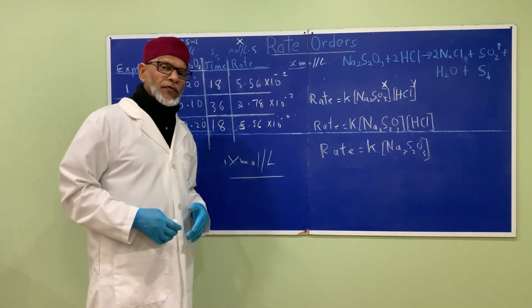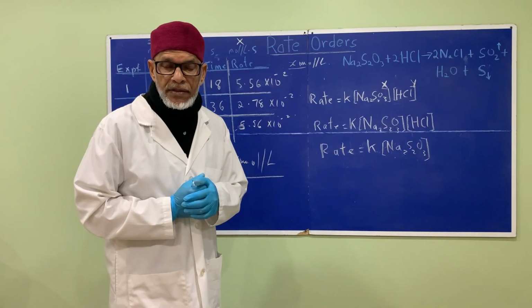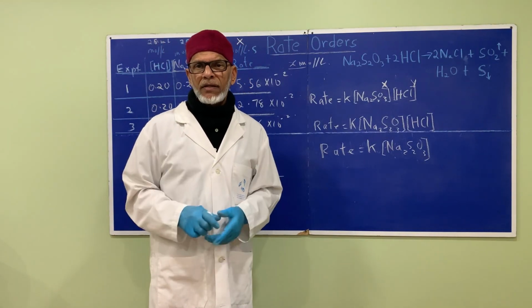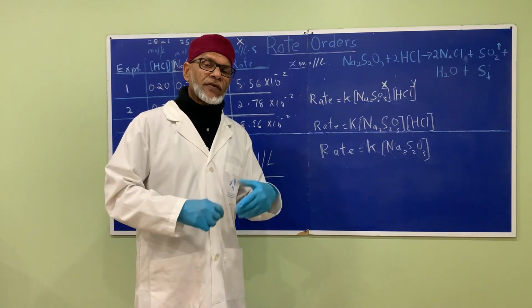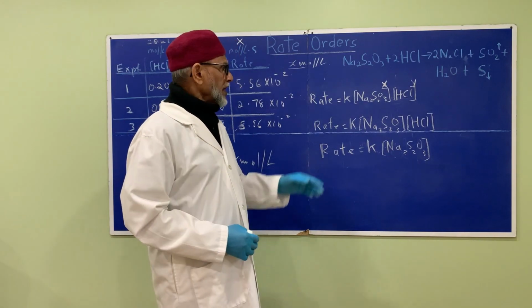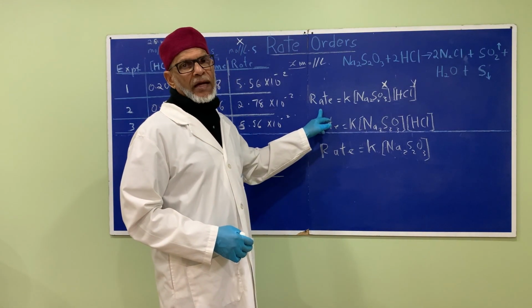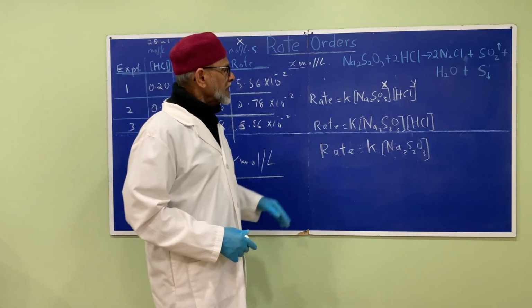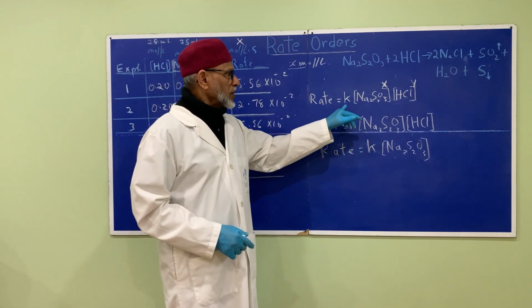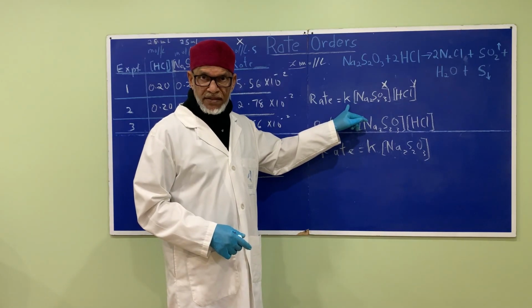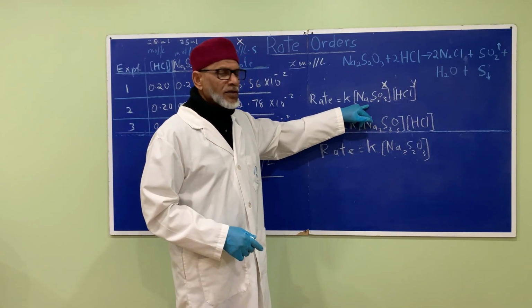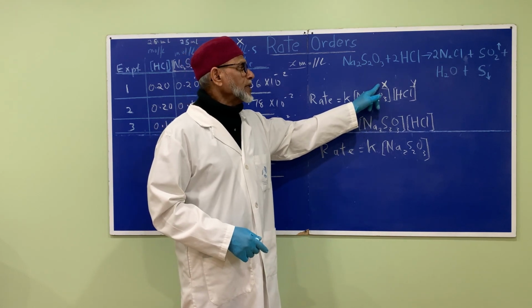So when we want to find the rate orders for the reactants for a particular reaction, this is what we do. We first of all look at the reactants and express the hypothetical rate law equation. We're going to say that rate is equal to k, which is called the rate constant, times the concentration of the thiosulphate raised to some exponent.